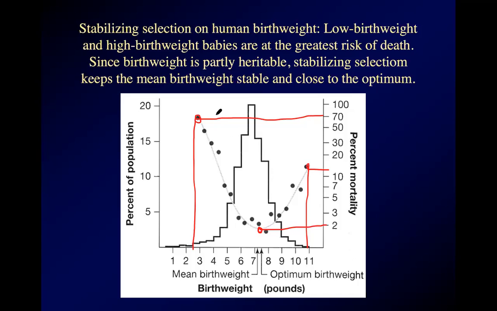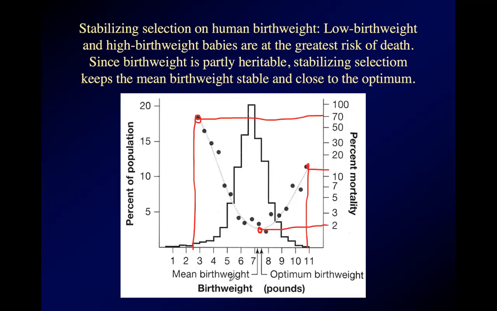Babies with extremely low or extremely high birth weights have a decreased chance of having more babies themselves that are like them. Babies that are in the middle are likeliest to grow up and make more babies that are also likely to fall in the middle. And so, this is stabilizing selection against the extremes, favoring the mean.